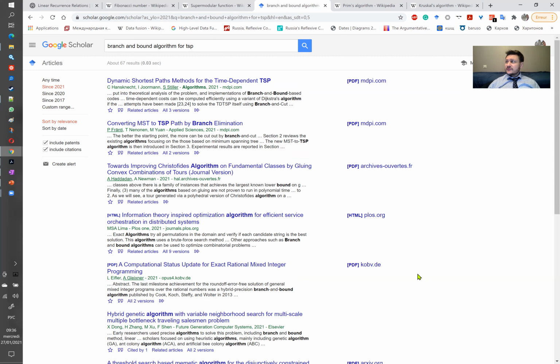And this is the destiny of most problems which are known to be NP-hard problems. When we know that there is no polynomial algorithm to solve it, we have to find heuristics to solve it.